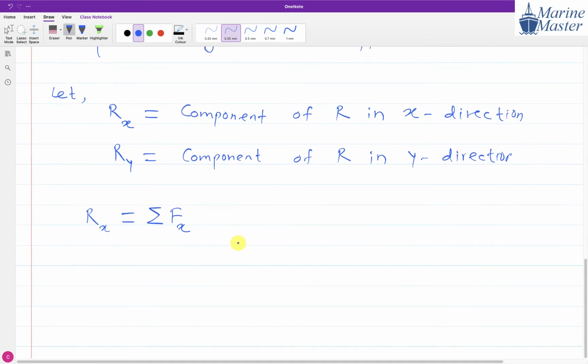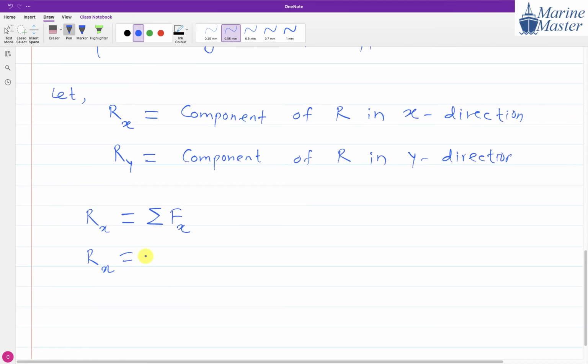So Rx will be equal to 45 cos 37 plus 28 cos 33. What will Rx become? 59.4213.